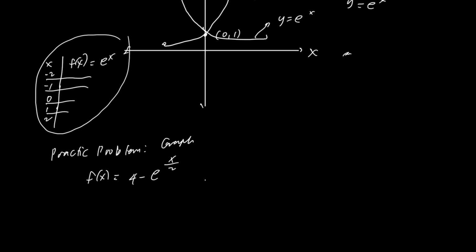Just use random values so that you would be able to find the ordered pairs in your Cartesian plane, where if you connect them, that's the graph of that particular function.